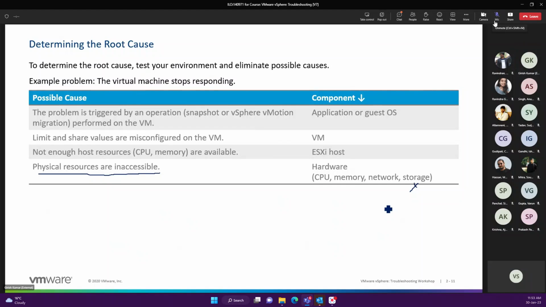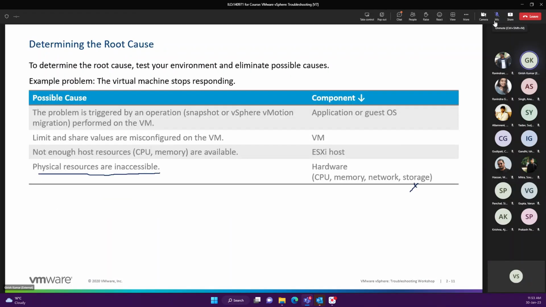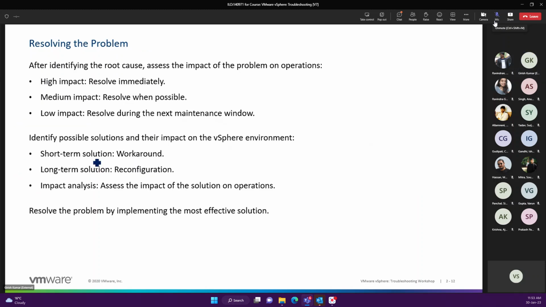So these all could be the reasons for the existing problems. So we need to figure out exactly what the problem is, and then we need to resolve it. After identifying the root cause, assess the impact of the problem on operation.